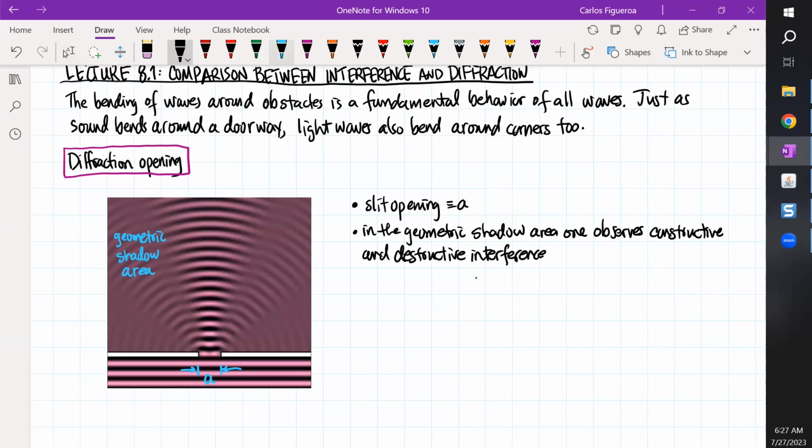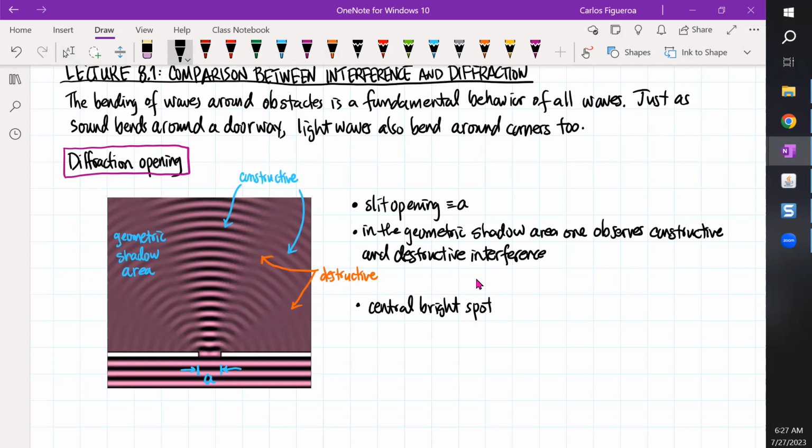For example, you can see that right here, and you can also see right here that that's a region of constructive. On the other hand, you could see that regions here and also regions there, that's destructive. And the other thing that I mentioned here is that the central bright spot, that's right smack in the middle here, right?